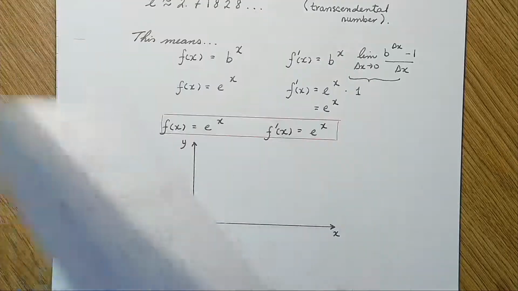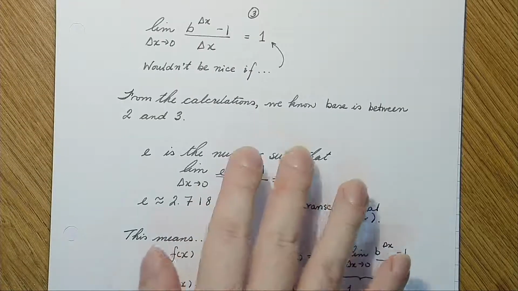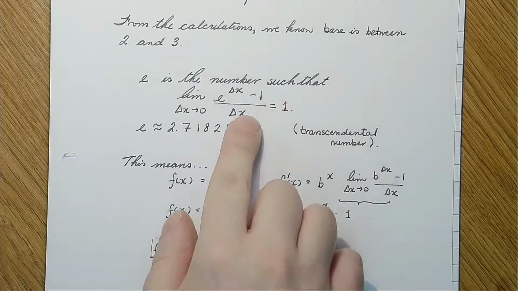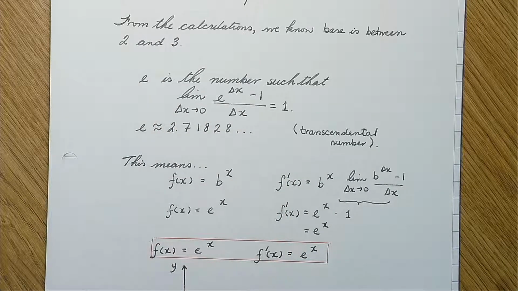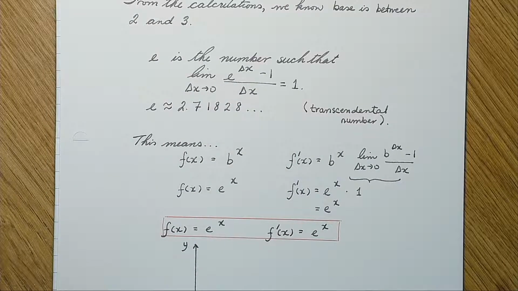So we said, okay, we're going to just set it equal to 1, and that base we're going to call e. And so e is that number between 2 and 3. Actually, it works out to be 2.718, and that is the base.